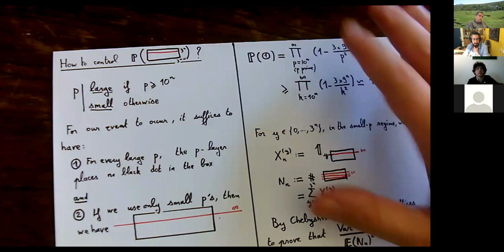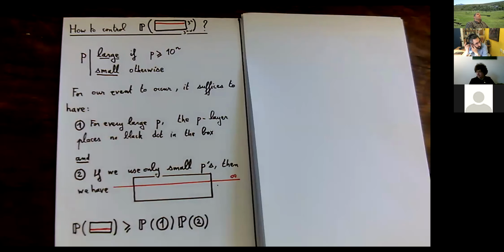How to control these probabilities? Well, we will proceed differently when we want to take care of some P layer. We do it differently depending on whether P is large or small. I will declare that a prime number P is large if it is larger than 10^n and small otherwise.